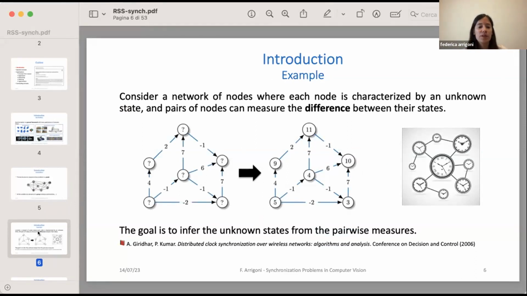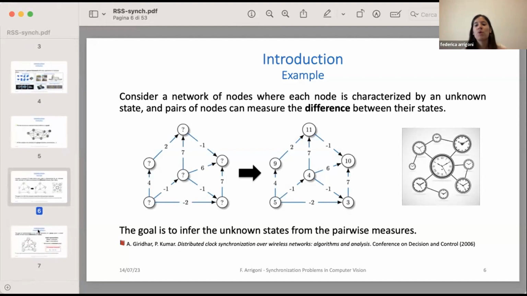And here the goal is to infer these unknown states from the pairwise measures, as shown in the figure. And this is the scenario that gives the name to synchronization, since it refers to clock synchronization, where the task is to synchronize clocks in a network starting from pairwise offsets.